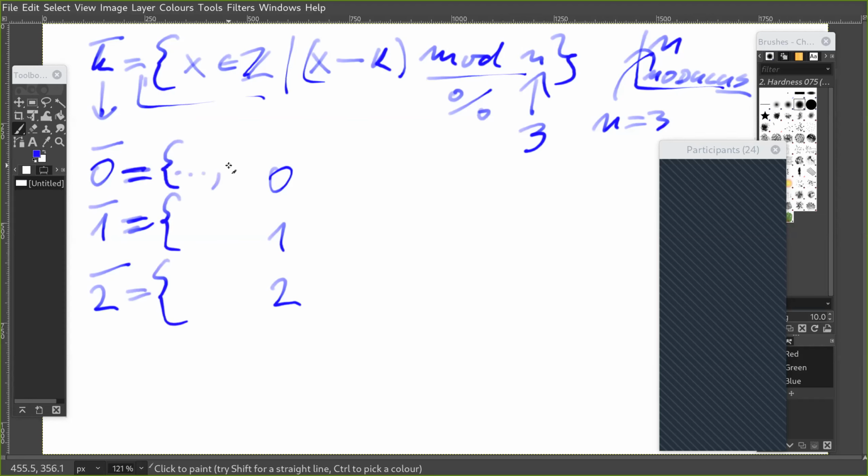Dot, dot, dot. This will start with, well, I'm going to start counting. There's -6 somewhere here, then -3, 0, and then continue on 3, then 6, and so on. And then you have here dot, dot, dot, -2. Let's continue: this will be 4, then 7, and dot, dot, dot.